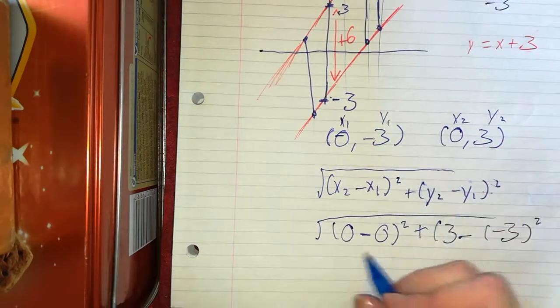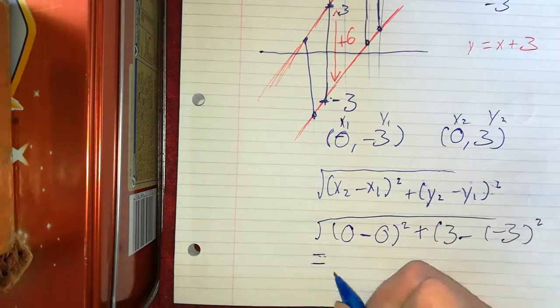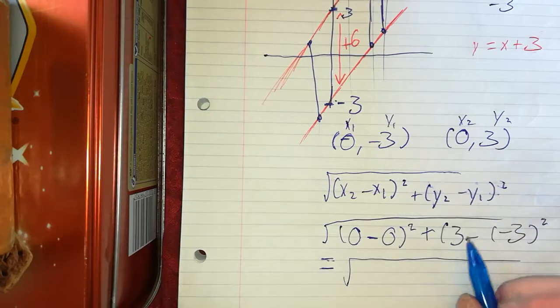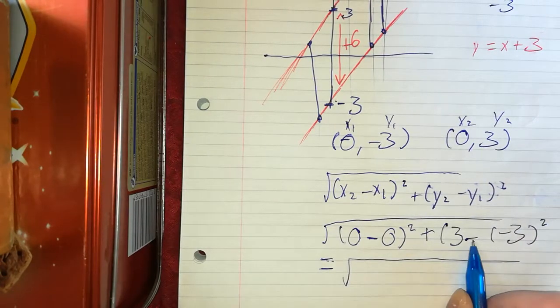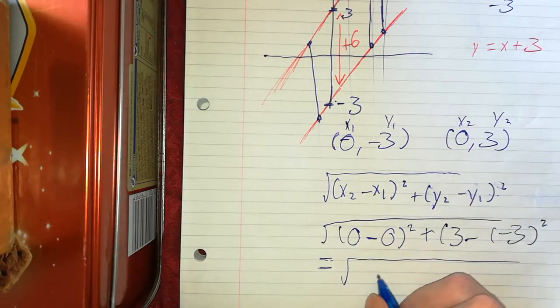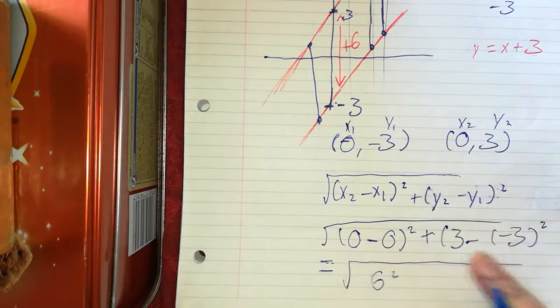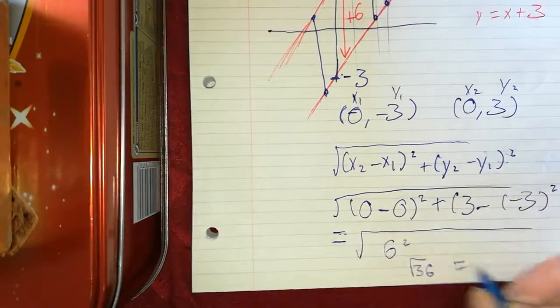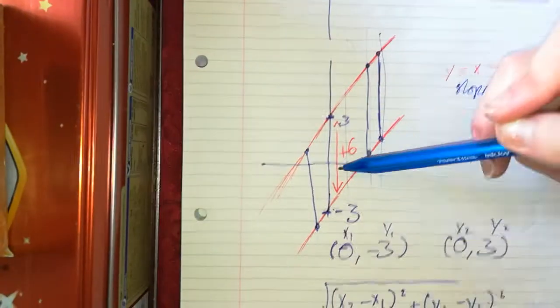So then I get the square root of 6 squared, so 3 plus 3, so I'll get the square root of 36, and that's equal to 6.